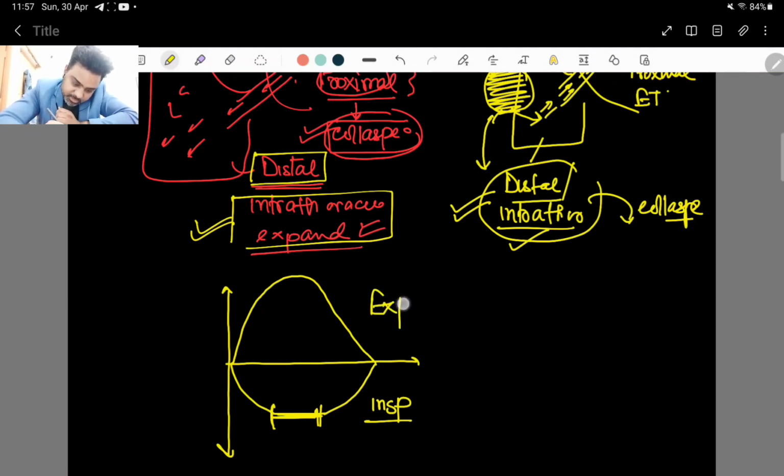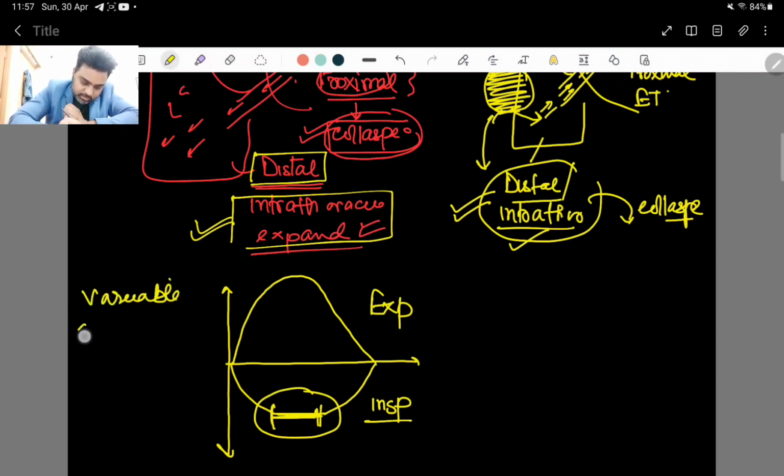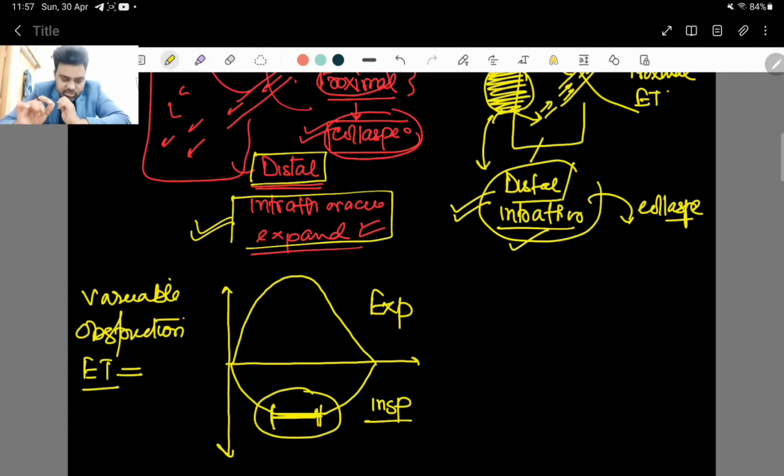This is inspiration, this is expiration, and this is a straight line. So this you have to understand. This is a variable extrathoracic obstruction. So now you can easily understand why extrathoracic obstruction mainly affects the inspiration and why we get this graph.